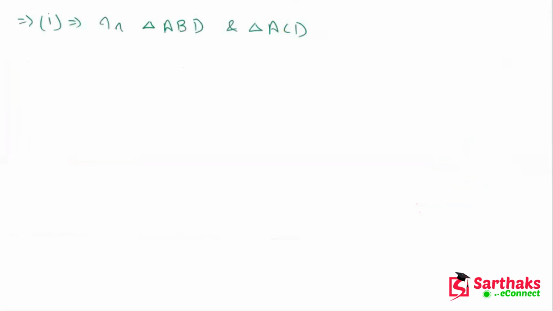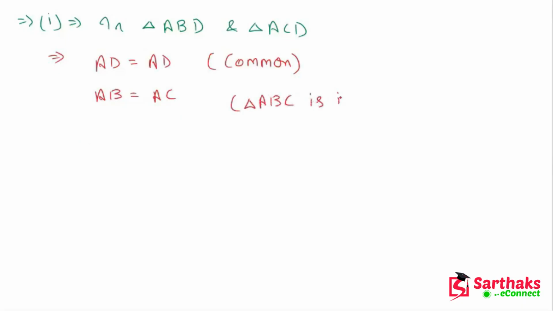So we can write AD is equal to AD, this is common, and AB is equal to AC, because triangle ABC is an isosceles triangle.